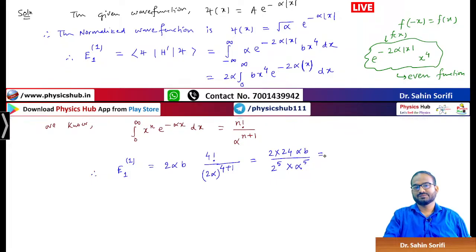So this is how much? Three b divided by 2 alpha to the power 4.